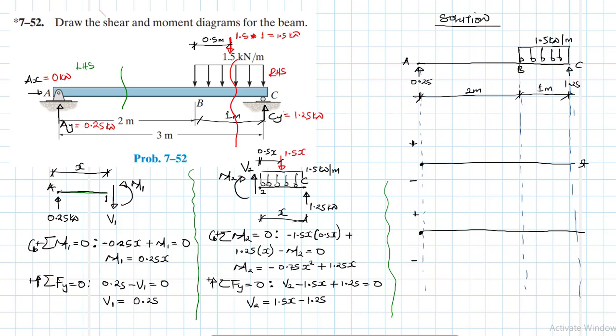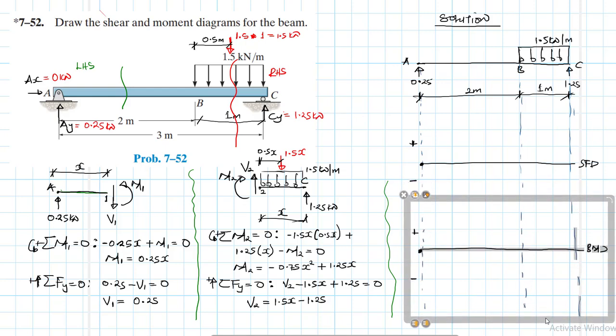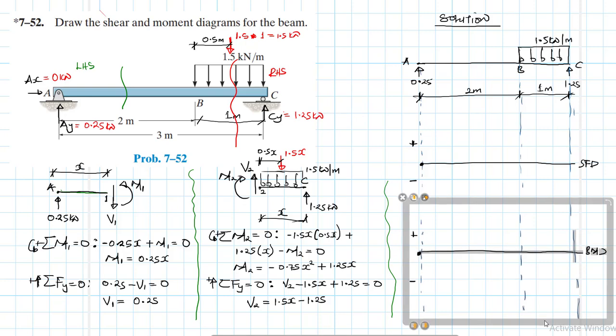This is the shear force diagram and this is the bending moment diagram. Okay, let's now plot the shear force diagram as well as the bending moment diagram. Okay, let me just move this a little bit down.